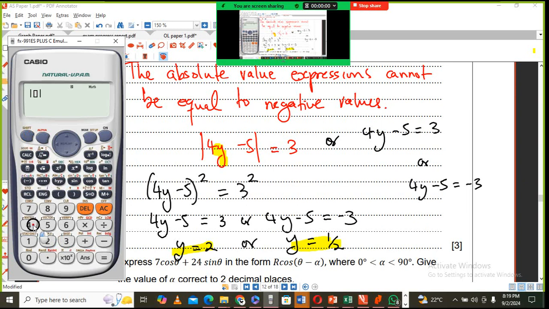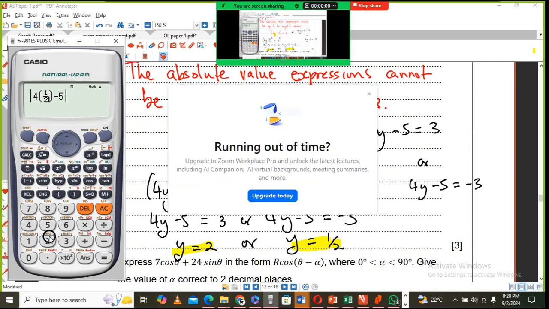So 4 times 2 minus 5. You see, you get 3. So it works. And the same will apply for a half. You still get the same answer.